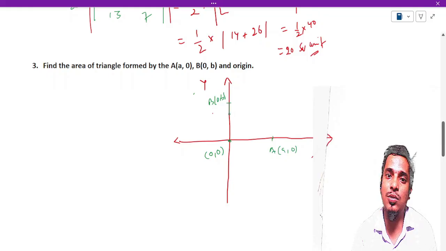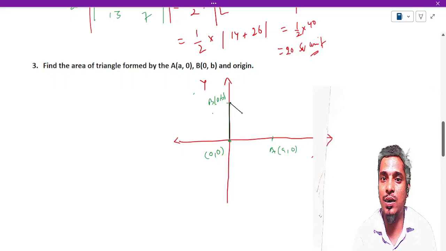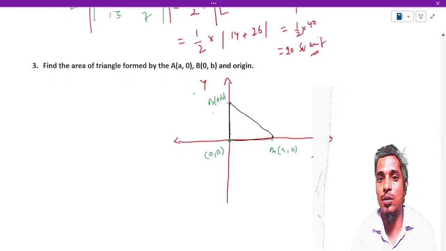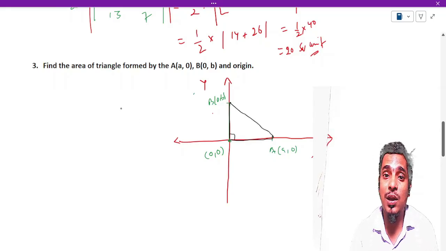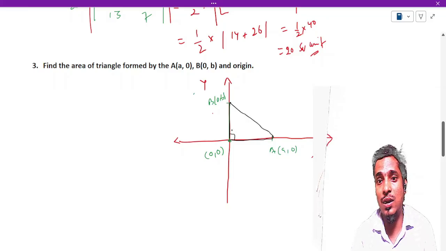So we are going to get a triangle, and the type of triangle here is a right angle triangle, right? Because this is 90 degrees. Now we need to find the area of this triangle.